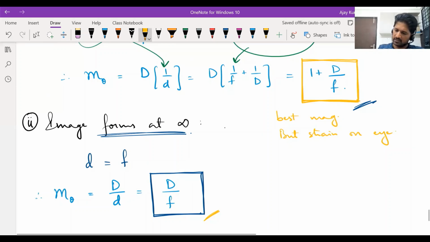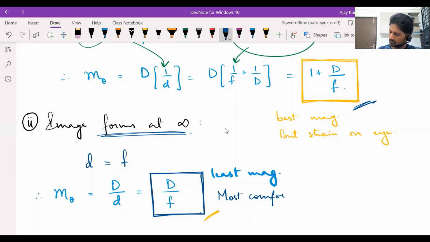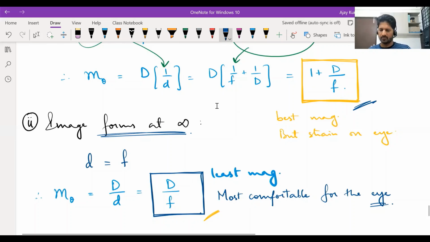D by f is the least magnification we can get, but it is most comfortable for viewing. Fine. Next class we'll solve some problems based on this. You'll understand better, and we'll also discuss image formation by a telescope.